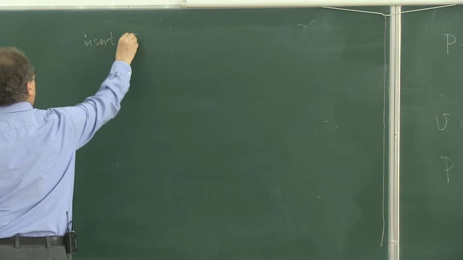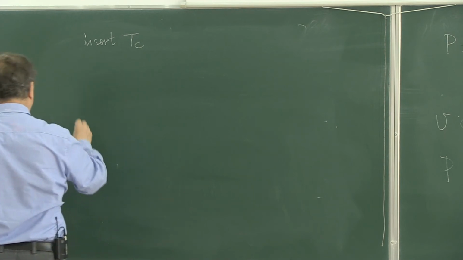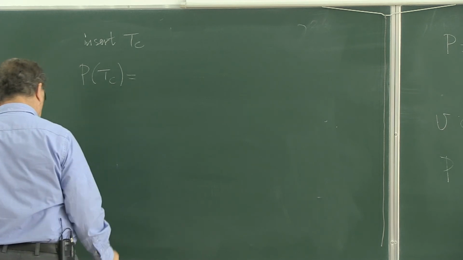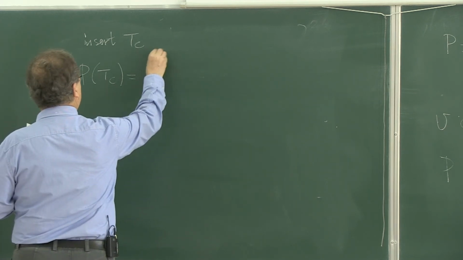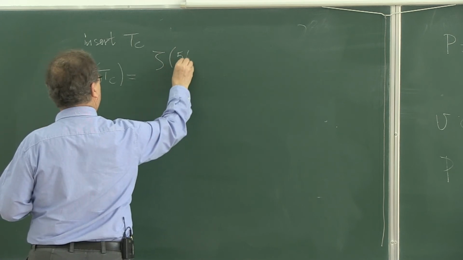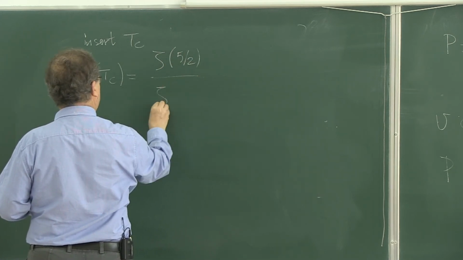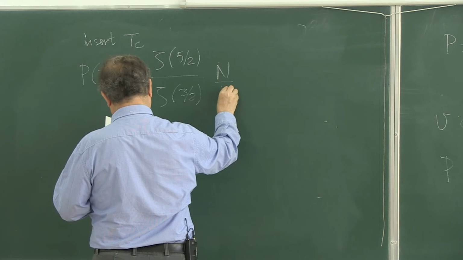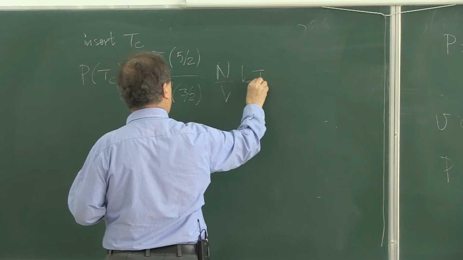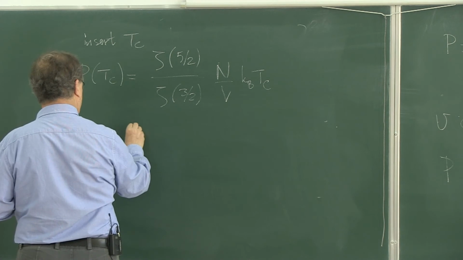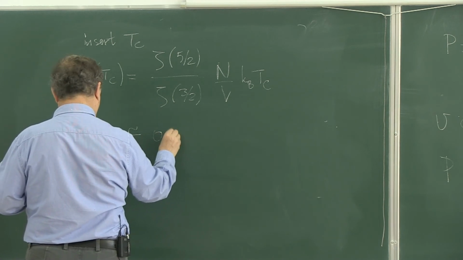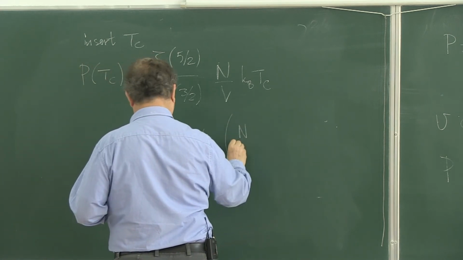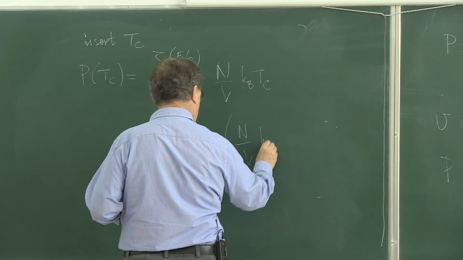Inserting Tc in that expression, pressure at Tc becomes zeta(5/2) divided by zeta(3/2) times n over V kB Tc, or in terms of numbers, 0.5134 n over V kB Tc.